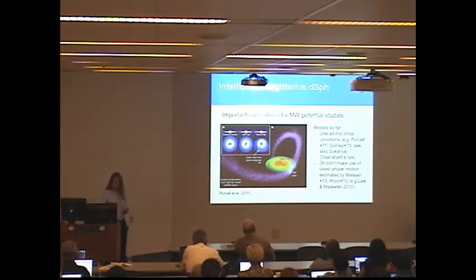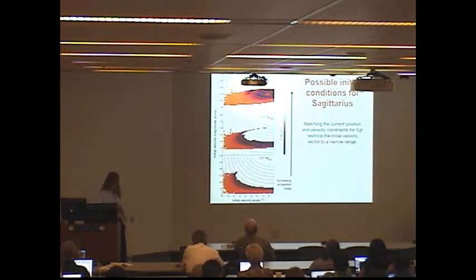If we vary the mass of the progenitor of Sagittarius, going up in mass along this axis here, and also vary the initial velocity magnitude and velocity angle, and then quantify the match to observed constraints like Sagittarius position and velocity, we actually get some pretty nice constraints on what the value of these parameters must have been at the beginning of the infall 5 billion years ago.